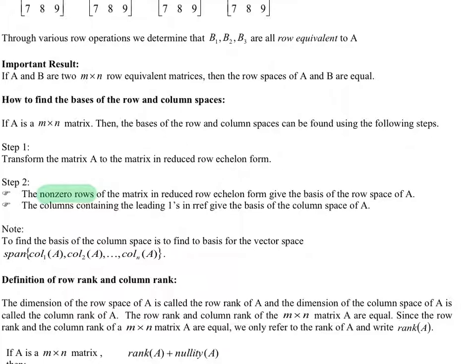Now, we've been learning about column space really all along because we've been defining the columns of our matrices as being the vectors related to whatever space we're working in.